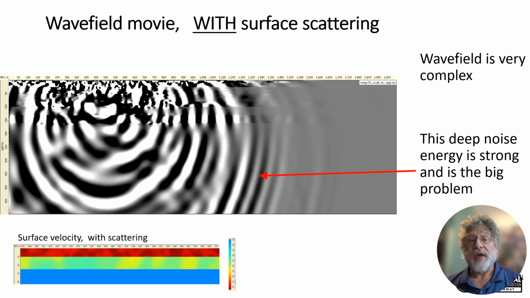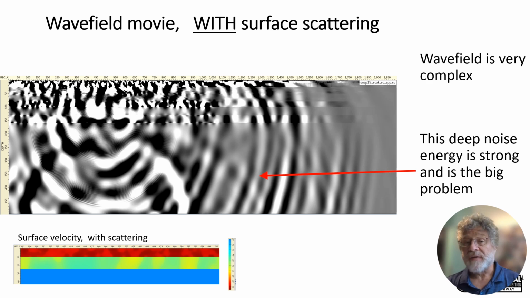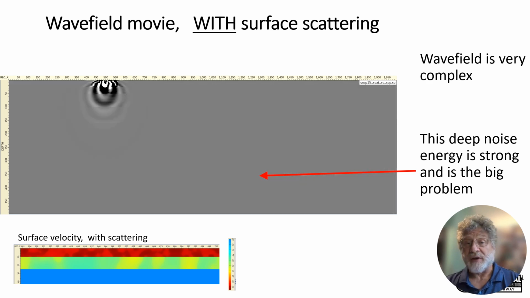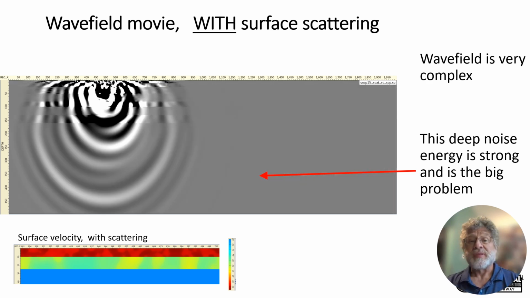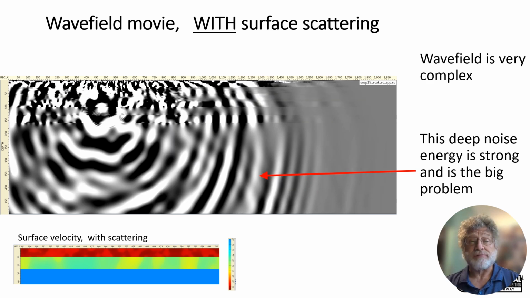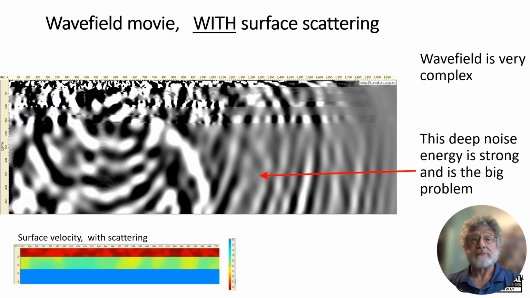And all that energy that was previously in the surface waves is now creating secondary sources, and it's creating a lot of junk energy down deep. And this energy is going down to reflections, and this is the problem noise.